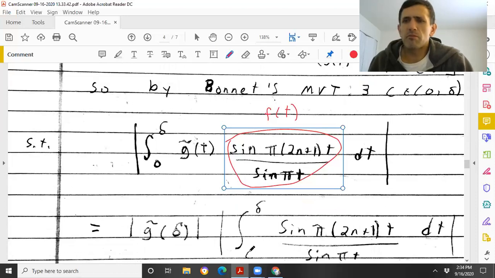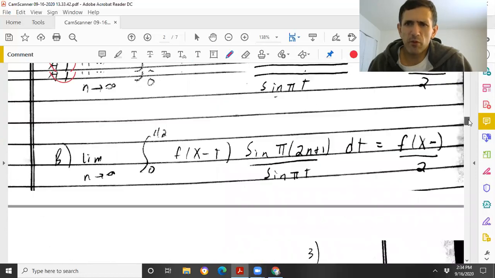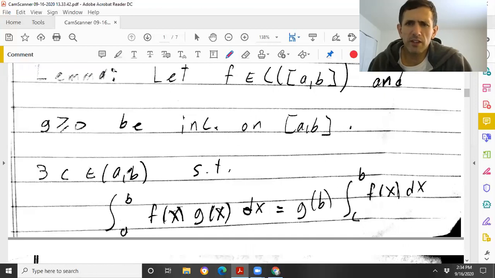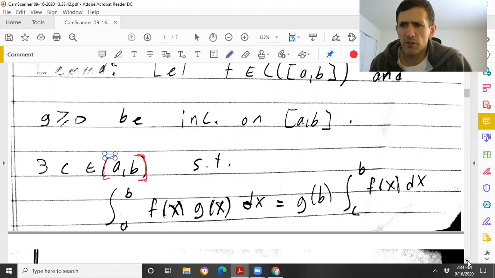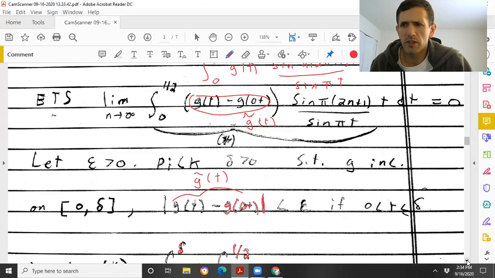It really doesn't matter if c is one of the endpoints or not for the purposes of our proof. c is allowed to be 0 here. That's not a problem.